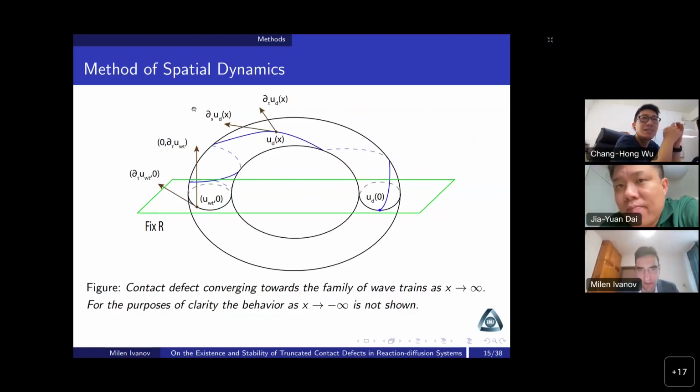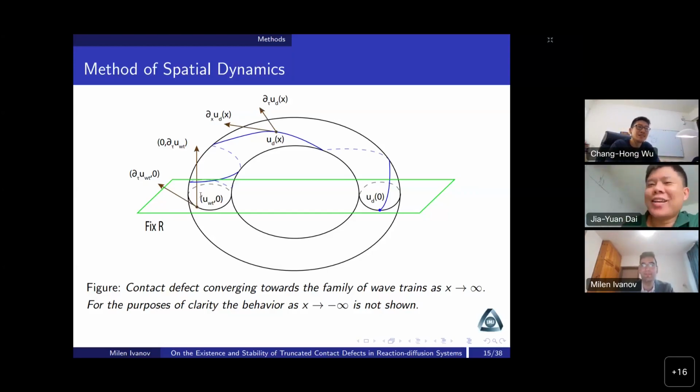Okay, that's a great question. Actually, this is part of the definition of a contact defect. In the definition, there is a requirement that these two vectors are linearly independent, because otherwise you can take a wave train and say that's a contact defect. I didn't mention this, but very well spotted. Okay, thank you so much.